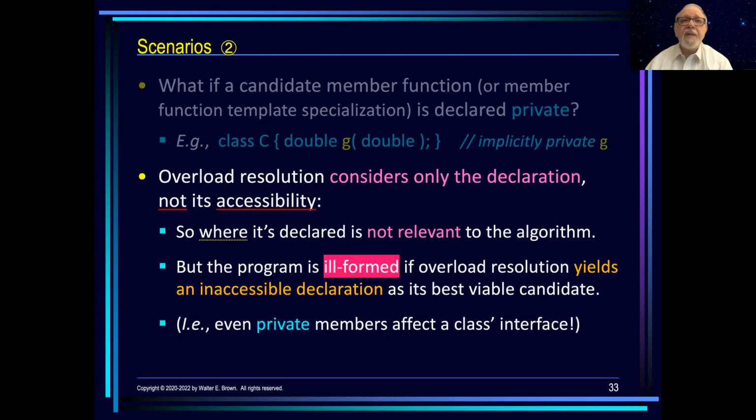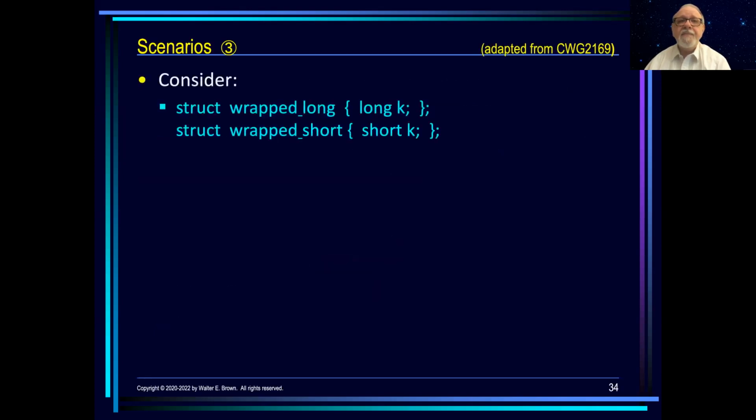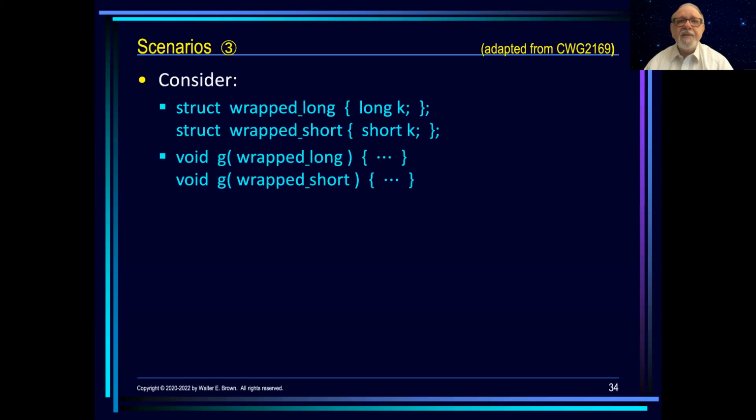Okay. Next. Here's a pair of types, wrapped long, which wraps a long, and wrapped short, which wraps a short. Nothing overloaded here, so let's now look at a pair of functions involving these types. They're both named G. One takes a parameter of type wrapped long, the other takes a parameter of type wrapped short.